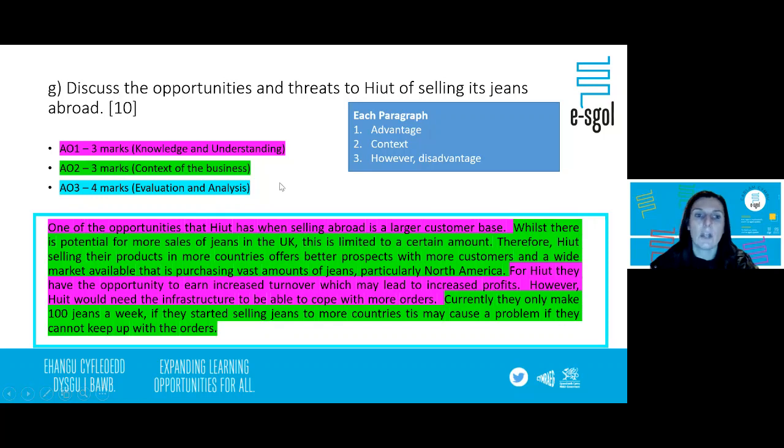So don't just say, the advantages of this is this, the disadvantages is this, because you're not really evaluating, comparing or analysing there. But by saying an advantage, getting some context in there, and also saying, however, there is a flip side to this, that's going to be important.